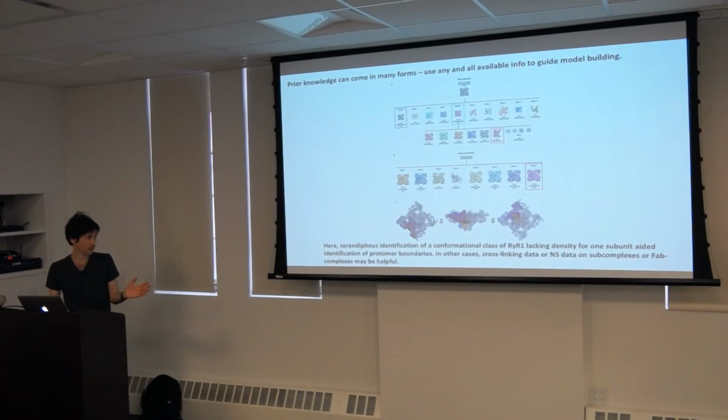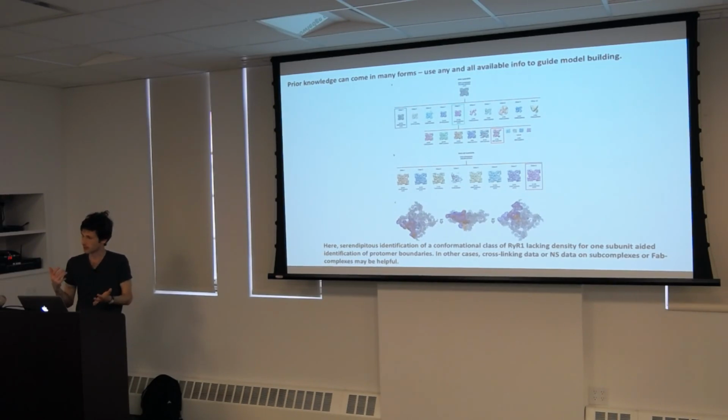So this is just an example of, as I was saying, prior knowledge can come in many different forms, and you should use any and all that are available to guide model building. So this was a case during the initial structure solution of the ryanodine receptor, where we were at 5 angstroms and we weren't entirely sure of the subunit boundaries.